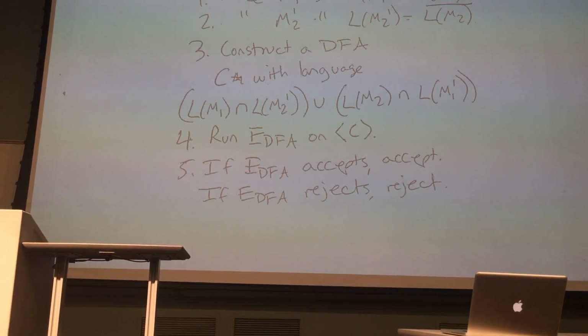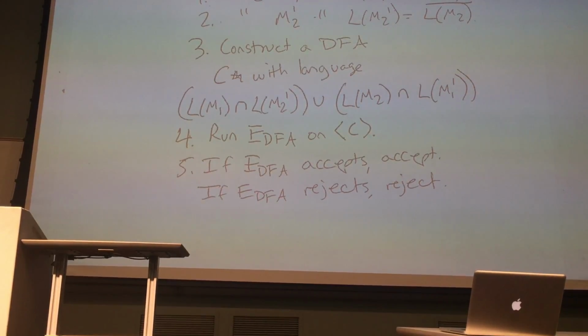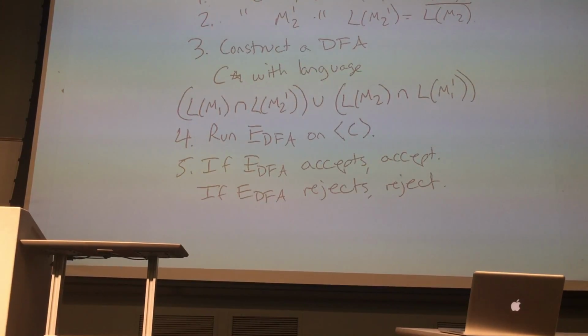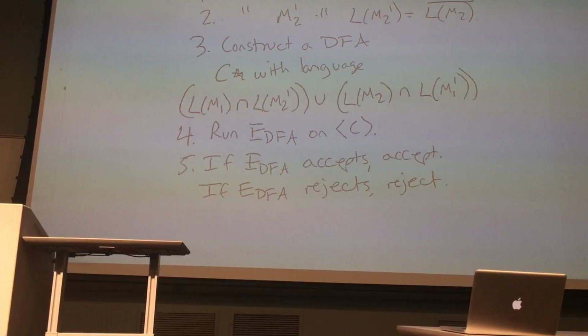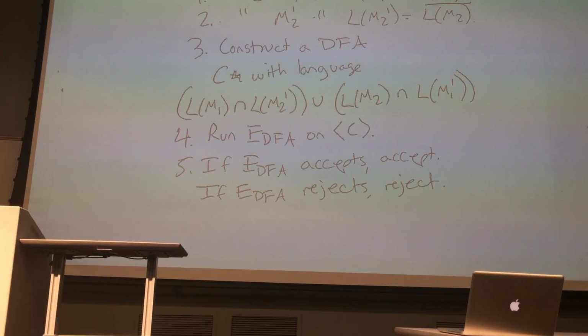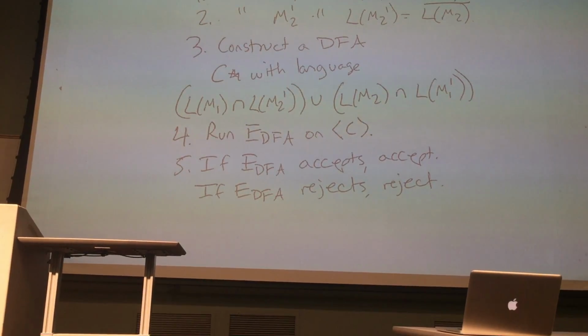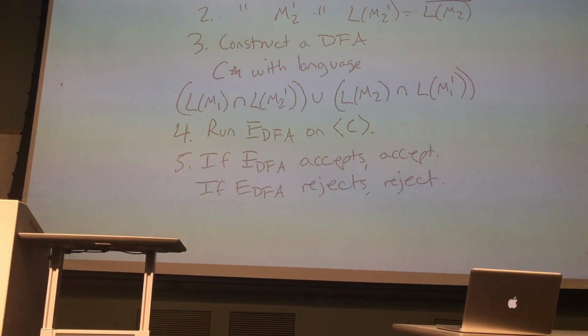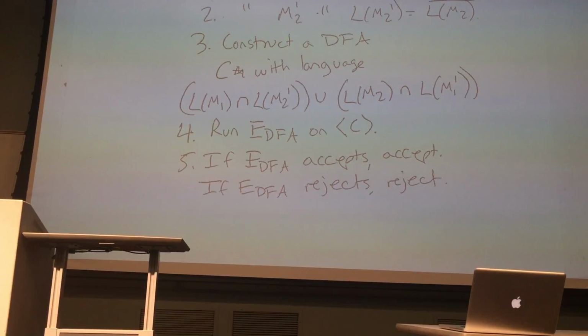And E sub DFA we showed was a decidable problem. And so therefore checking whether it accepts or rejects is also decidable. So I can check if two given DFAs have the same language in a finite amount of time, which makes it a decider. Any questions about any of that?